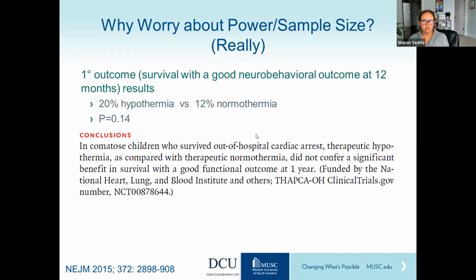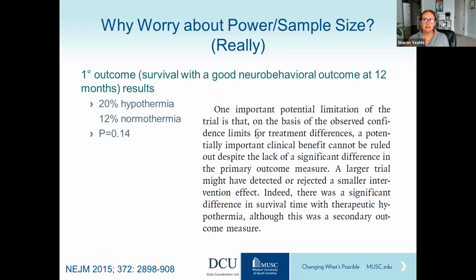If you're the parent of one of these children, and it's possible that hypothermia confers even an 8% improvement in survival with a good neurobehavioral outcome, that may be considered clinically relevant. And in fact, the discussion portion of the manuscript addresses this limitation, which is that you can't really rule out a potentially important clinical benefit, despite the fact that the trial itself did not find one.